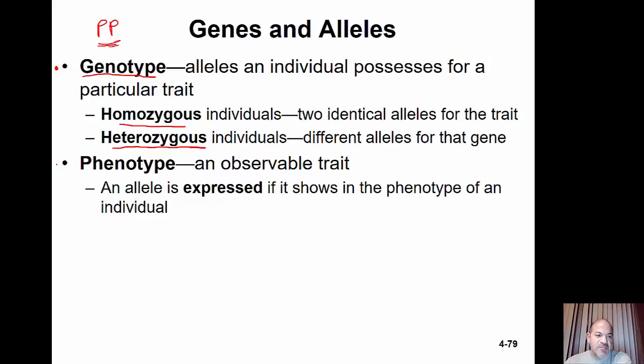Now, genotype is different than phenotype. Phenotype is referred to as a trait that you observe. So it's what an allele expresses, or what you see. For example, when I was referring to red and white flowers, those were specific phenotypes, and those phenotypes were determined by their genotypes, which was the set of alleles that they had inherited.